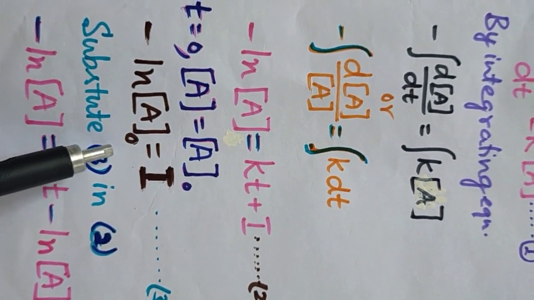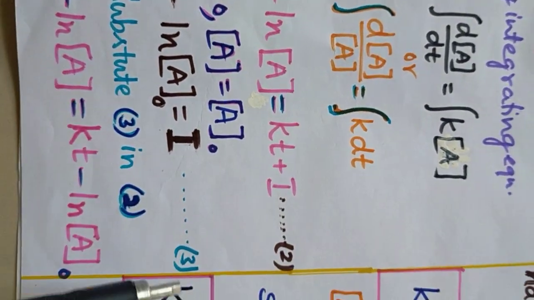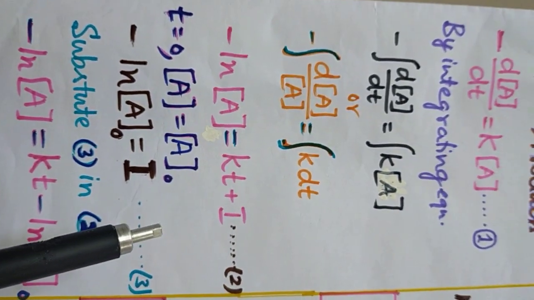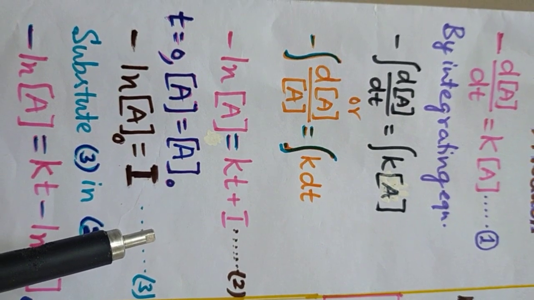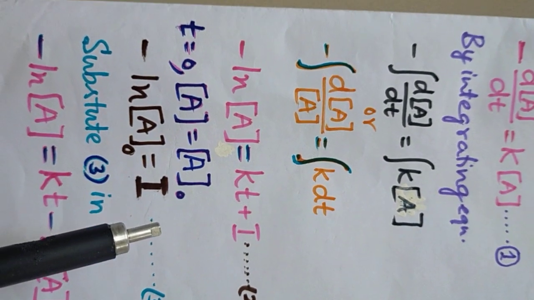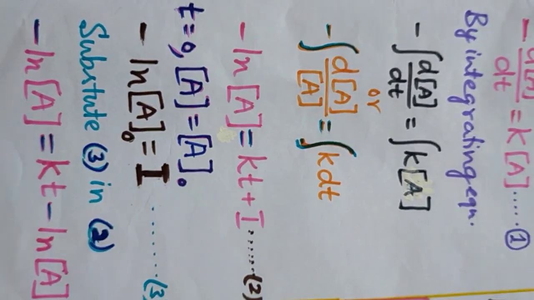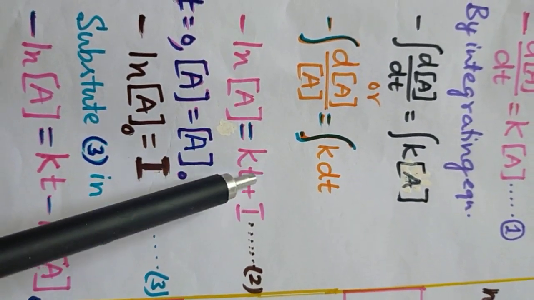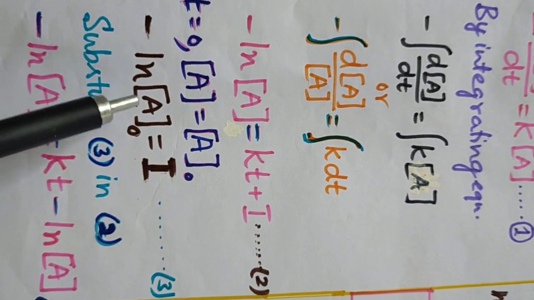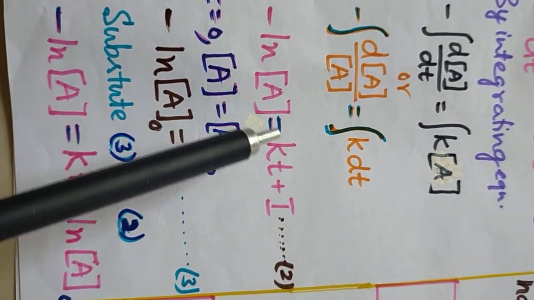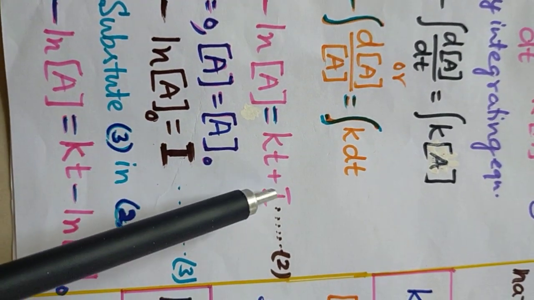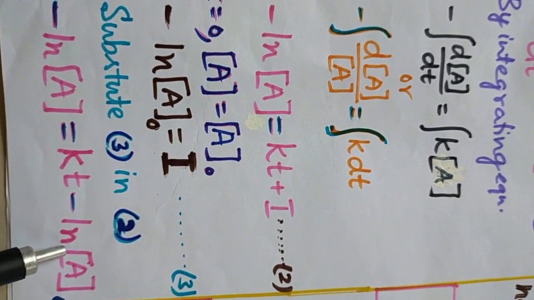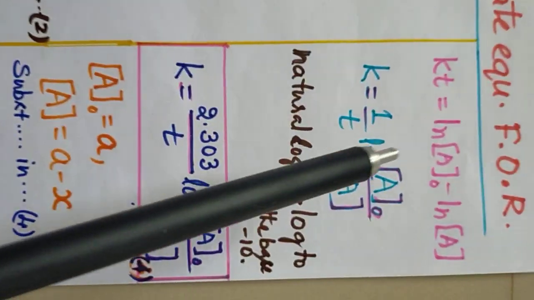Then substitute equation number 3 in equation number 2. This is an important derivation from the examination point of view and also for chemical kinetics. So ln A, then K into t, and instead of I we substitute ln A naught.